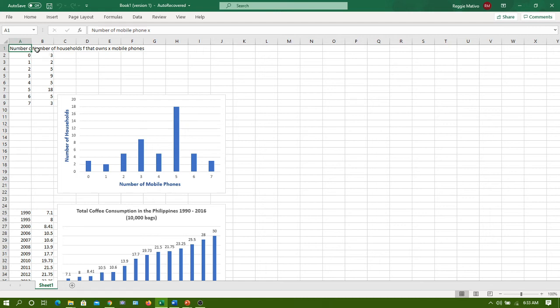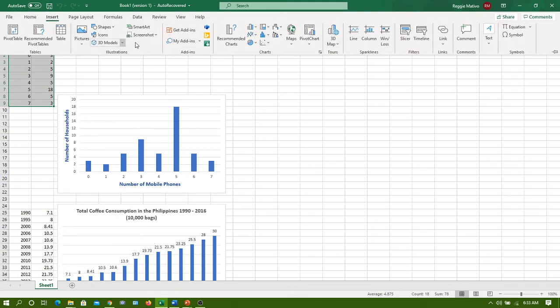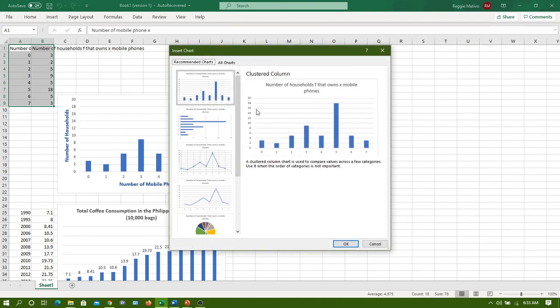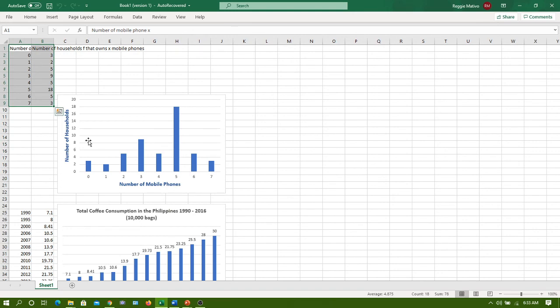Then I highlighted it and clicked insert, and you have the option to choose this one. With Office 365, you can have recommended charts, and then you can select one of them and edit some parts. And then you will come up with that graph.